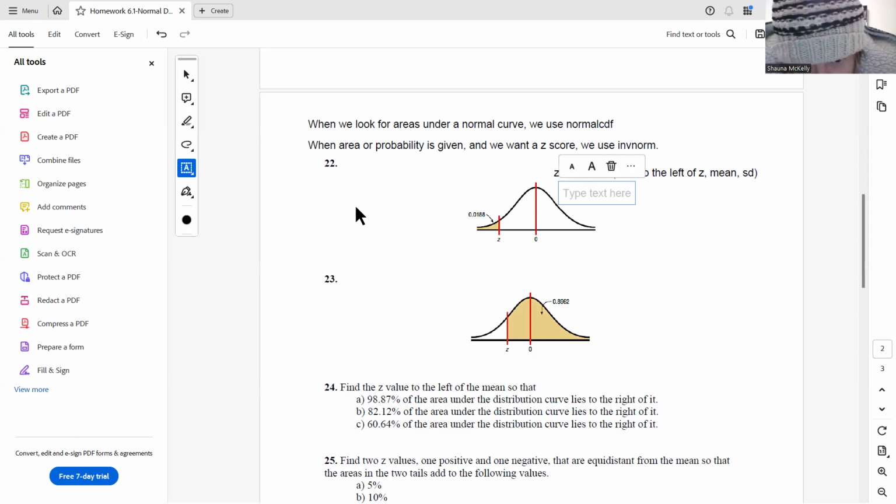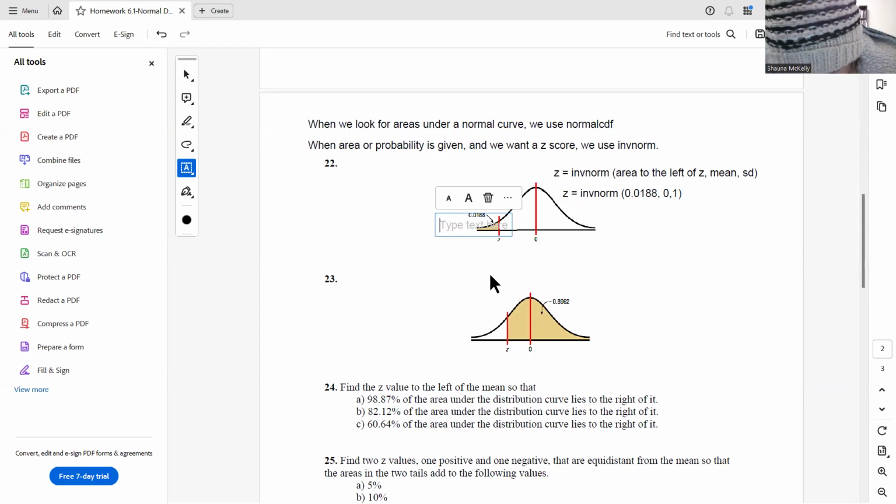So this means that here I would do z is equal to inverse norm, and I would put in what they give me for 22, 0.0188. Mean is 0, standard deviation is 1, remember, because we're on the standard normal curve. That's what 22 would look like.